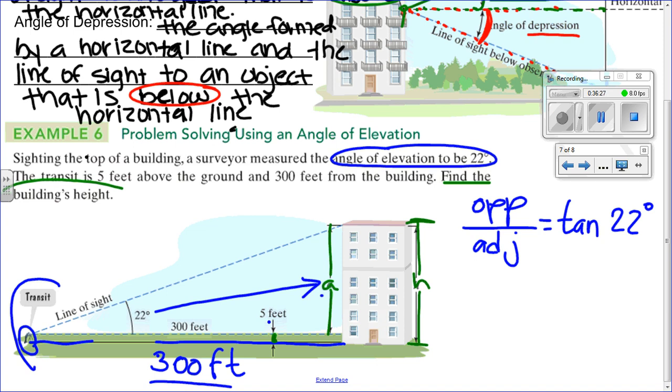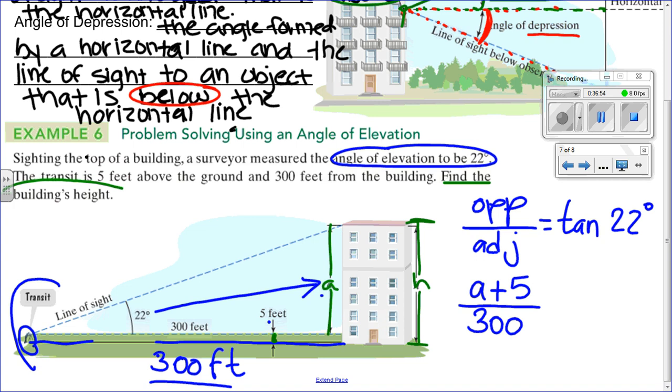Now let's see what we could replace with opposite. That's going to be A plus 5. And what is the adjacent? 300. Should we just use H?